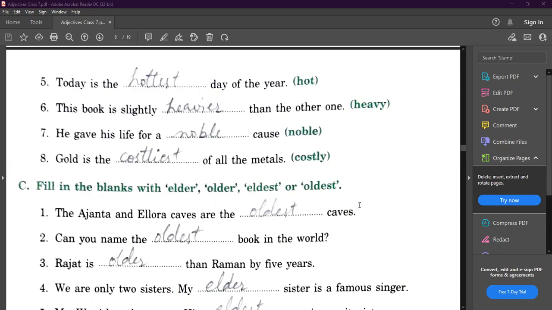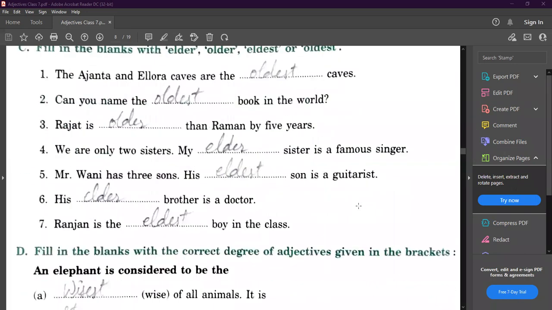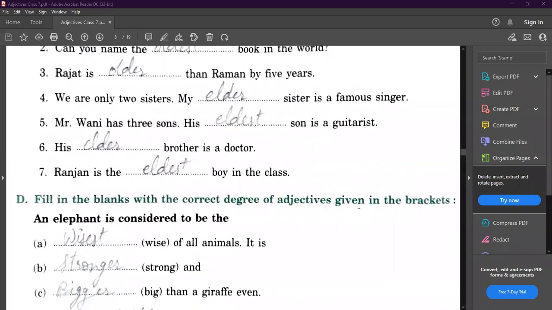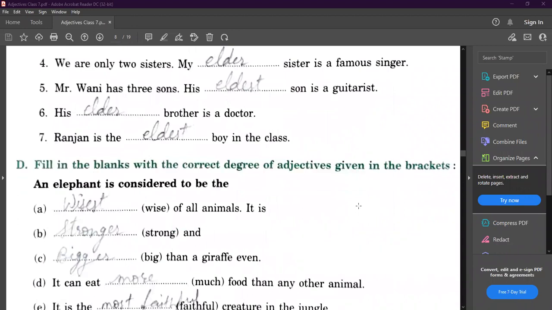My elder sister is a famous singer. Mr. Wani has 3 sons. His eldest son is a guitarist. His elder brother is a doctor. Ranjan is the eldest boy in the class.